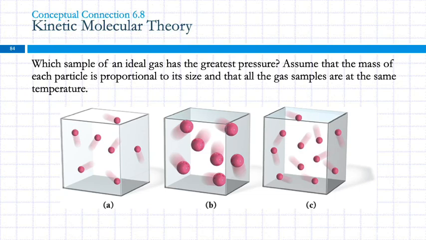What's different? How many particles? More particles, more pressure. So the answer is C, because it's more particles. These two have the same number of particles, and so even though these are big and these are small, those pressures are going to be the same.